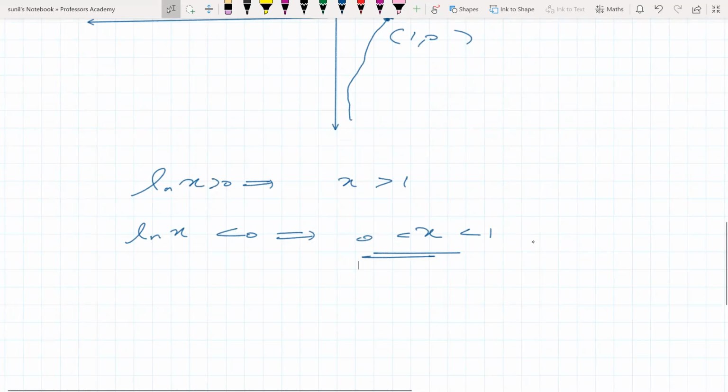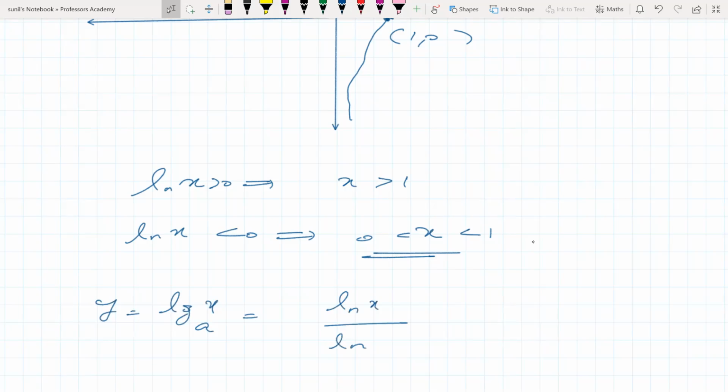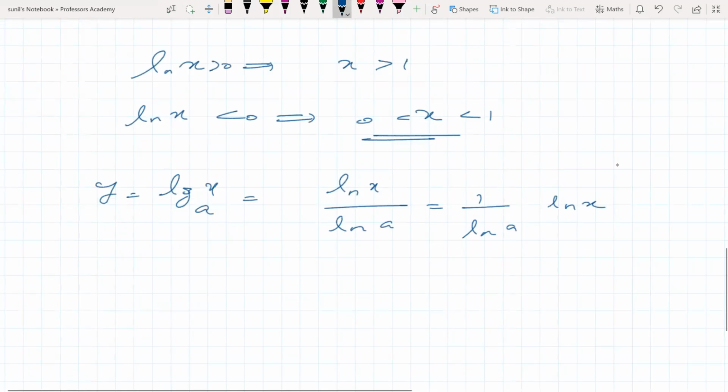And we know that if you take log x to the base a, by the base changing rule, we can write it as ln x by ln a. So this is 1 by ln a into ln x. If you are going to find the derivative, dy by dx, ln a is a constant only.